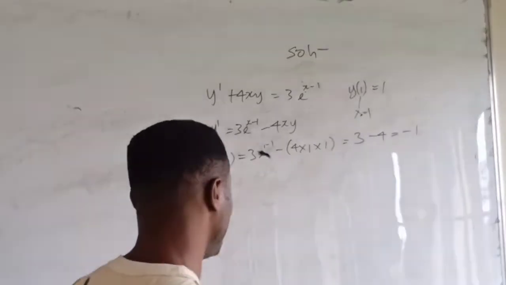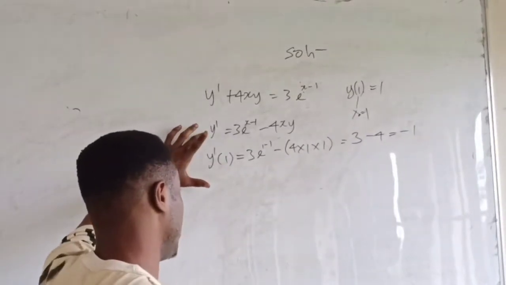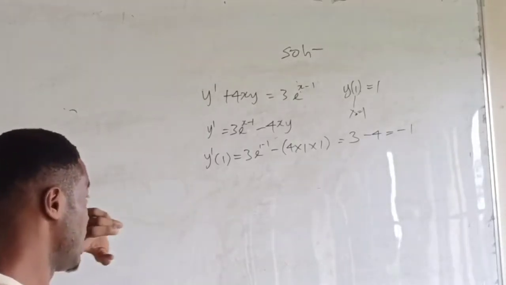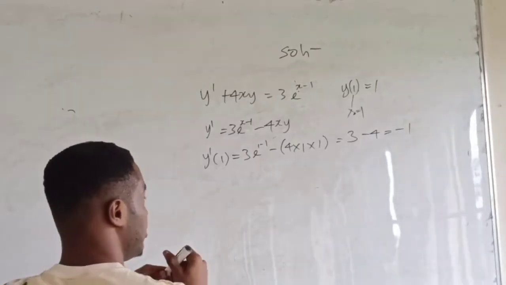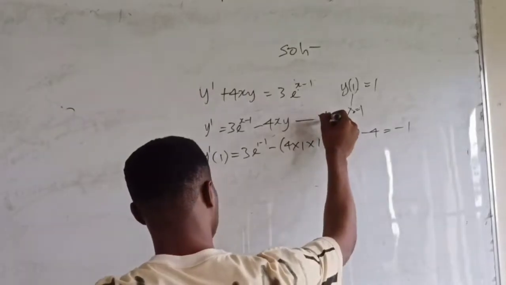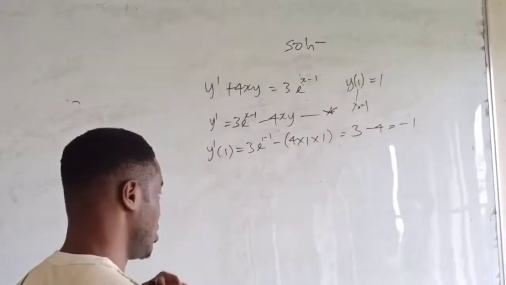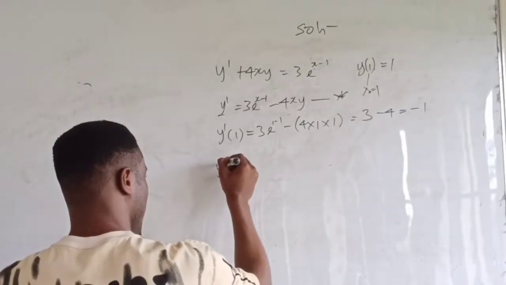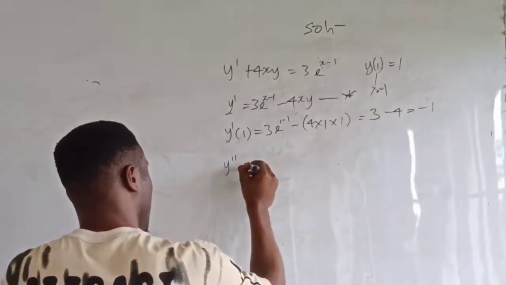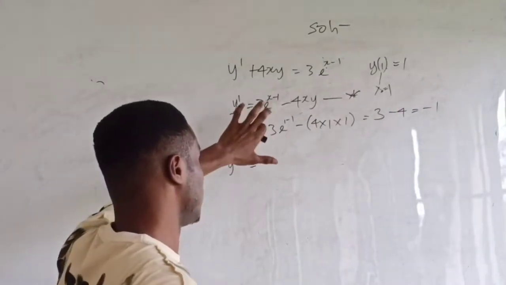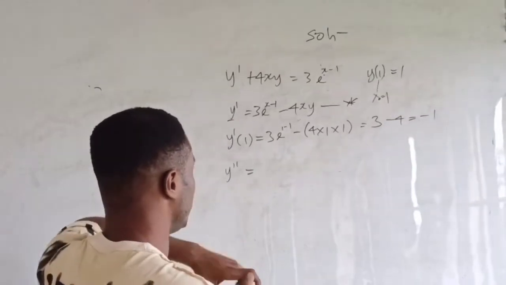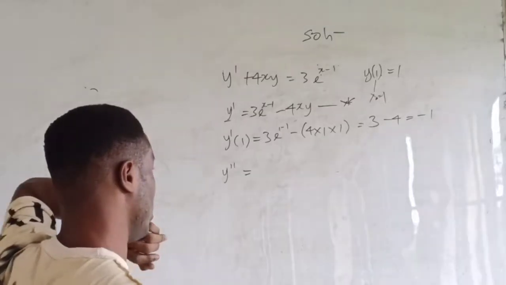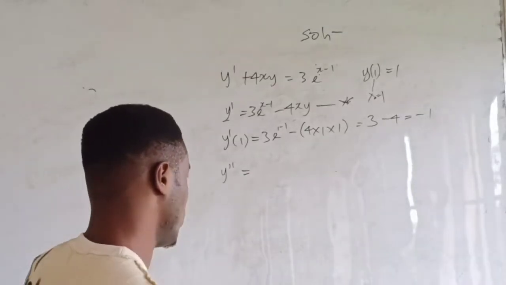The next thing we're going to do is get the second differential, which we get by differentiating this equation. If we differentiate y prime, we have y prime prime. Now we have a little problem: how are we going to differentiate 3 exponential of (x minus 1)?